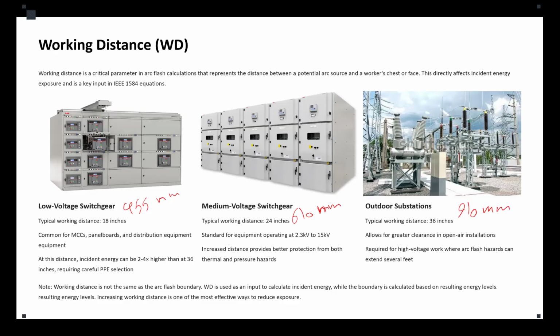Remember the arc flash boundary. That distance, that D, was an input to that arc flash boundary. Okay, and you have to select it based on equipment design or access point or typical worker posture during energized test.